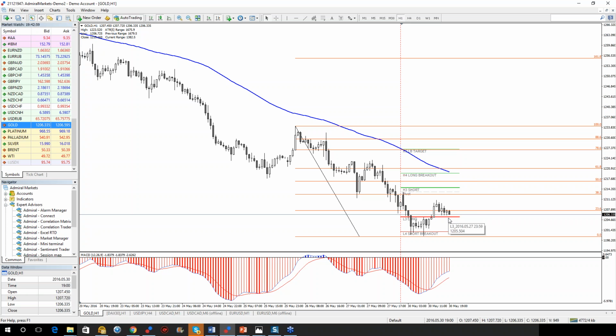I don't see anything except for bullish divergence here, but yeah, it's already playing out. So this could also be a short from this part here, because price is now actually going down.